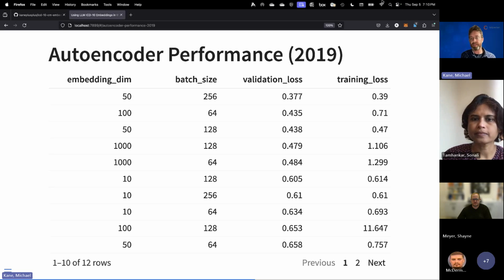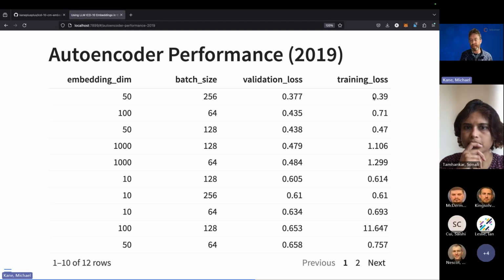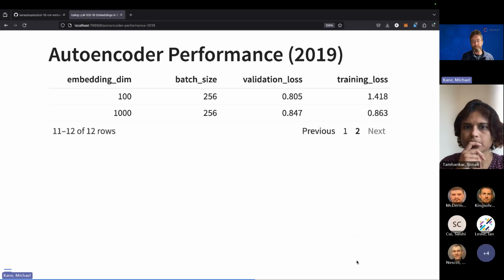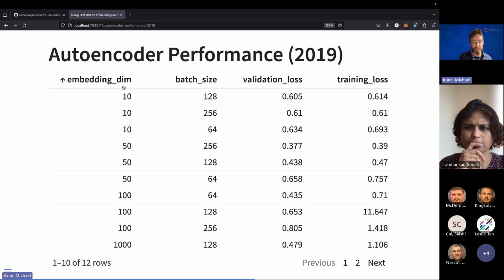The validation loss is how much am I losing. This is just the mean squared error between the output and the input, and then the training loss, which we expect to be a little bit lower, just because that's based on the data that we're building. Let me sort this by embedding dimension.